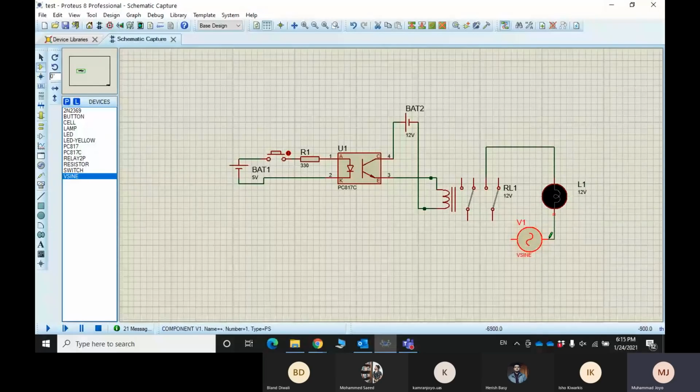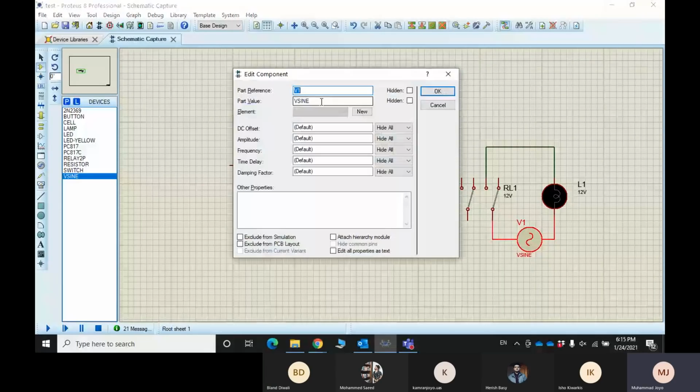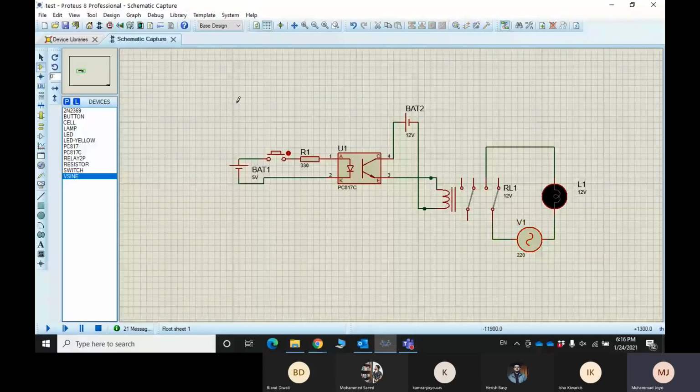We attach a sinusoidal source, and let's see how it works. Does it work or not? Doesn't work. Maybe we are putting a wrong value here.